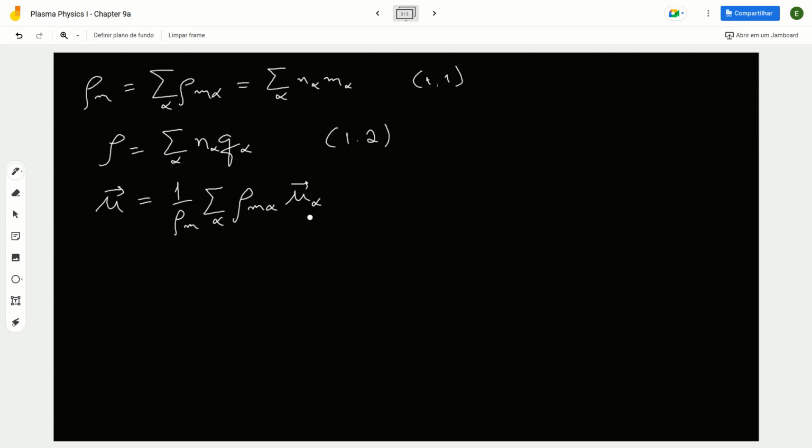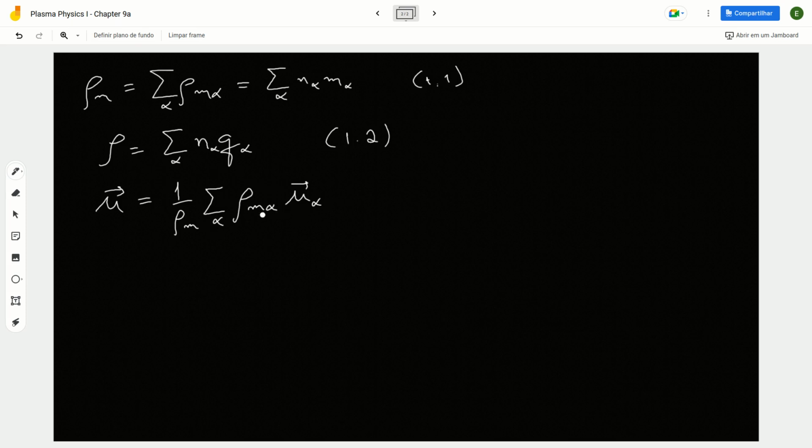So I'm going to sum everything over the alpha particles multiplied by mass density and divided by the total mass density of the volume. So U is actually the mean of U alpha with weights. It's the weighted average of the U alpha.